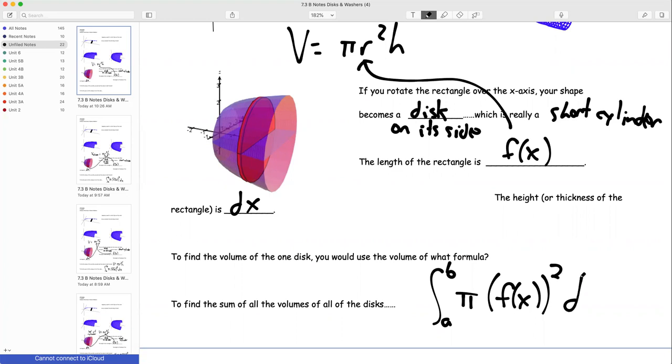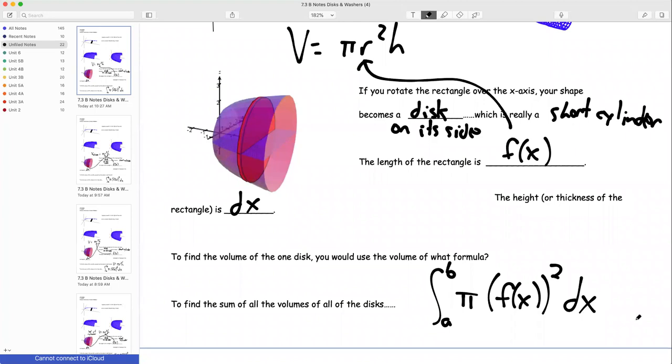And then dx denotes that it's with respect to x, and that is going to give me the height of all of the rectangles because I'm integrating from whatever point is right here to whatever point is right there. I can put the h again for the pi r squared times h.